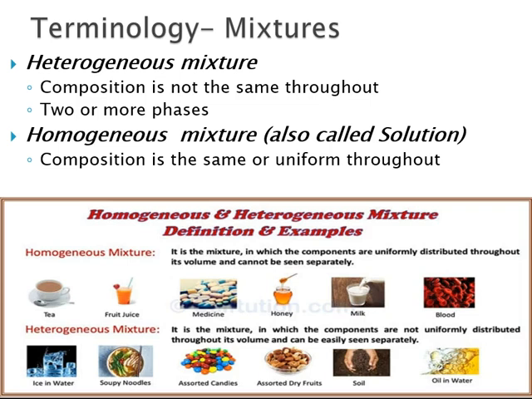Typically, heterogeneous mixtures can be physically separated by hand or with tweezers or some other means, because you can see the difference. Homogeneous mixtures are evenly distributed, so you cannot see the individual components, but they can still be separated.